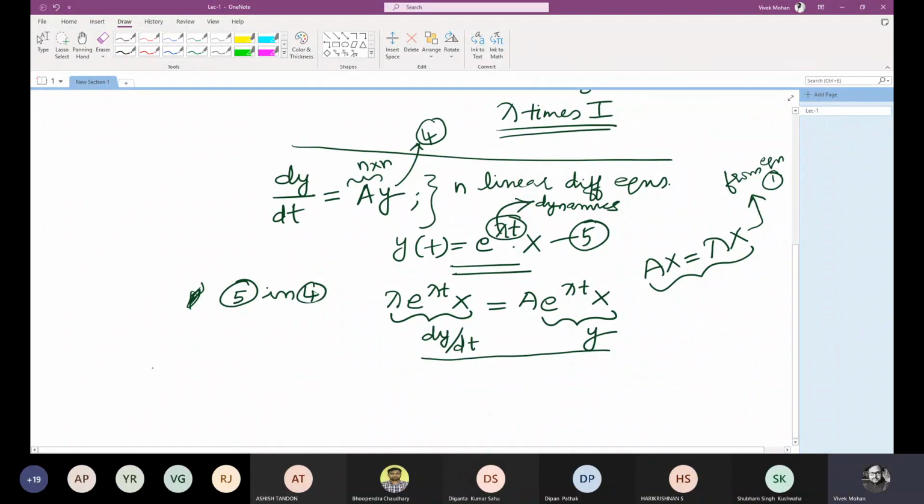Now let's see a differential equation. For example, y1 dash equals 5y1 plus y2, then y2 dash equals 3y1 plus 3y2. What's the matrix A here?